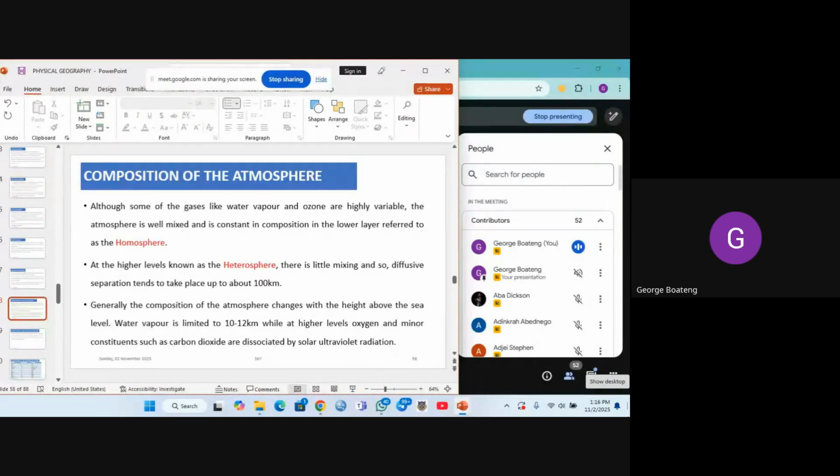So the lower layer, where gases are constant in terms of composition, is the homosphere, and where gases begin to vary, the upper limits, is the heterosphere.